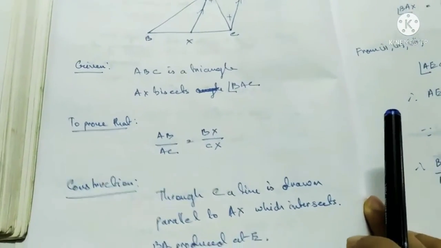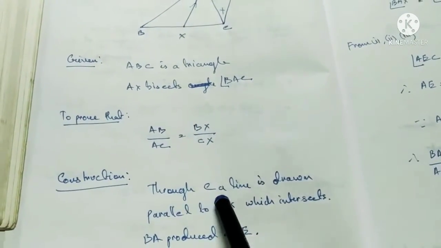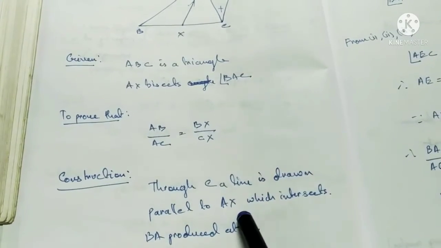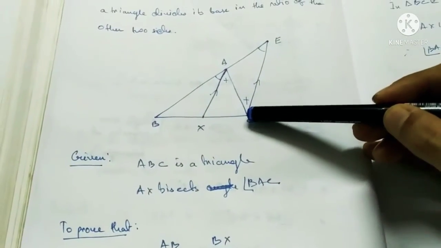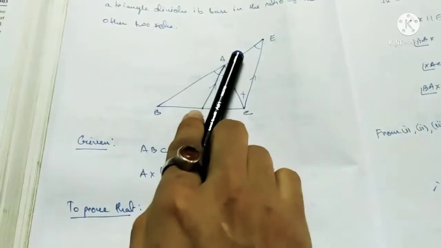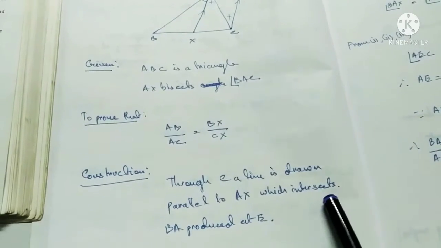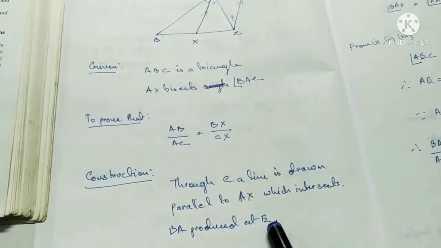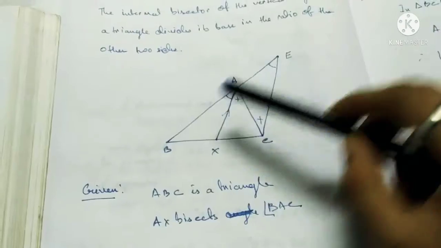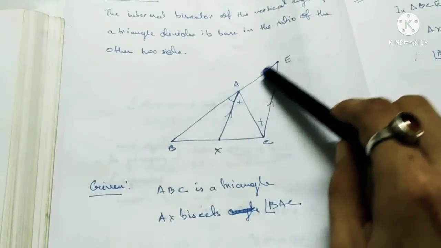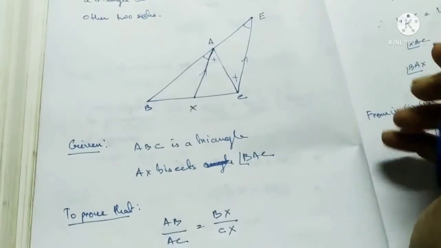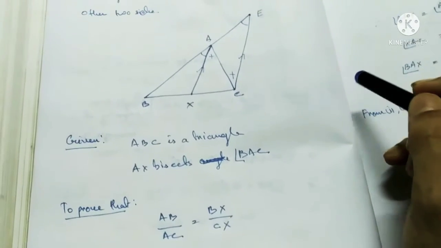Now construction. Through C a line is drawn parallel to AX, which intersects BA produced at E. These sentences you will have to remember.